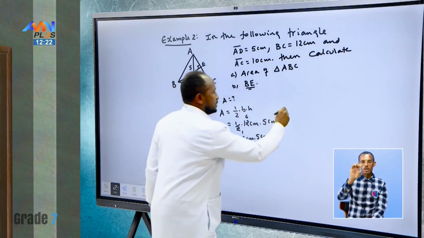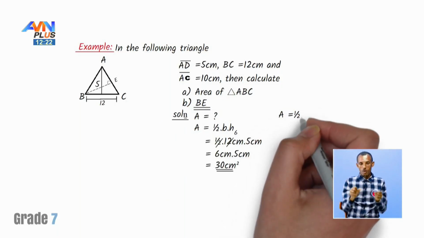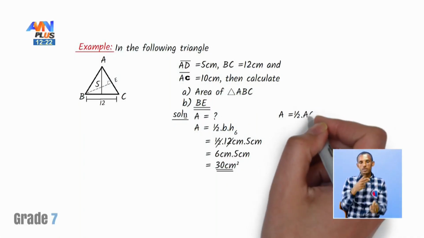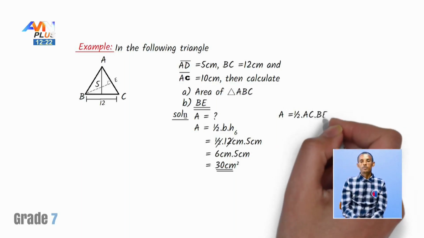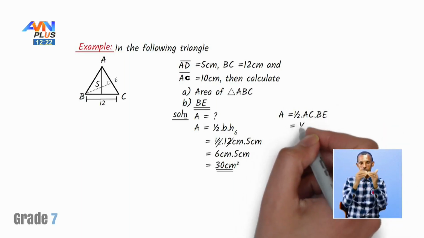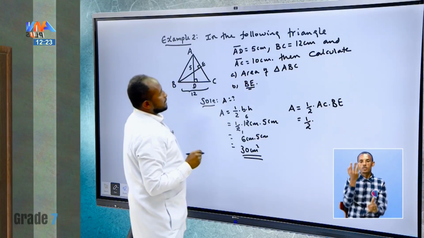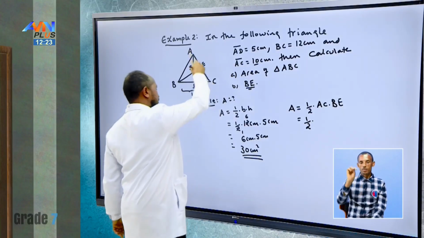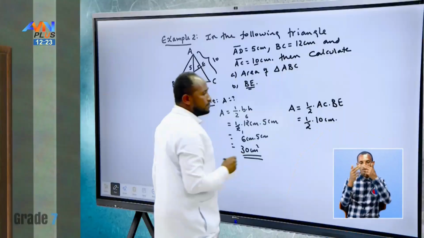So using this equation, area of triangle will be half times this base AC times this height BE. AC is given to be 10. So this length is 10. Therefore, 10 centimeter times BE.